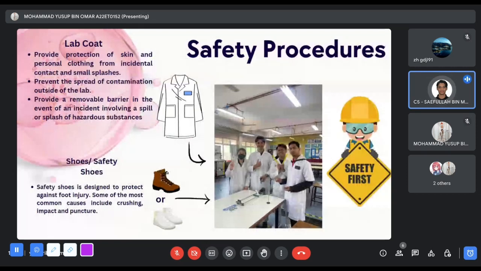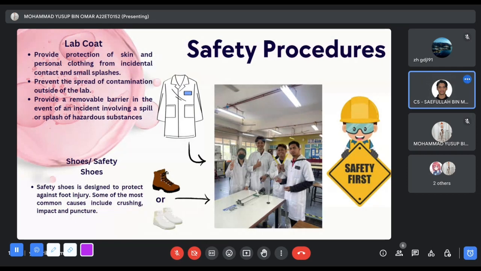So for the safety procedure, as a requirement for us to go to the lab, first we need to wear proper PPE, which is a lab coat and safety shoes. We need to wear our lab coat when conducting the experiment to protect our skin and personal clothing from incidental contact and small splashes.